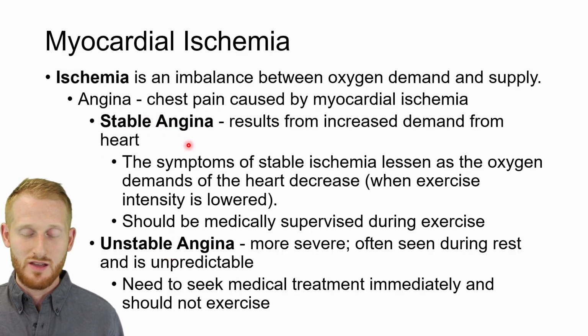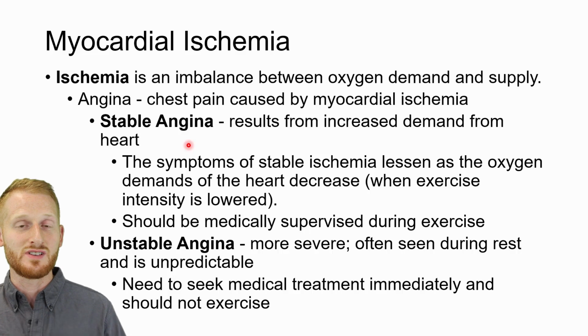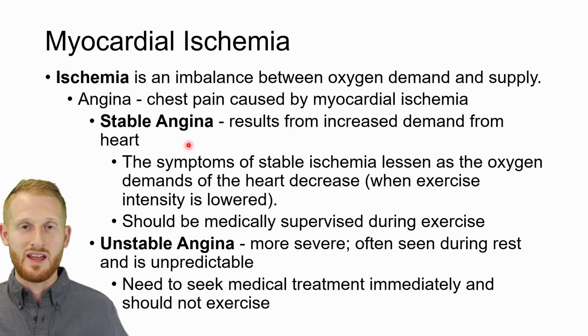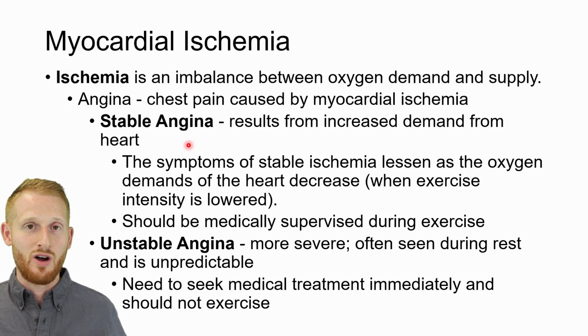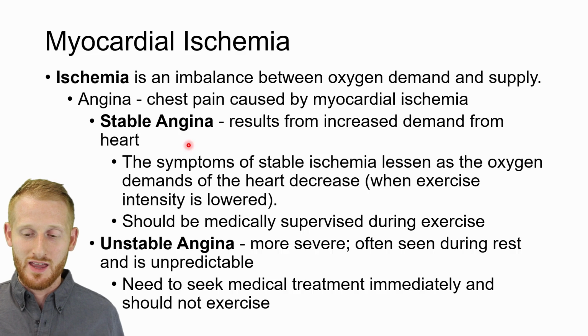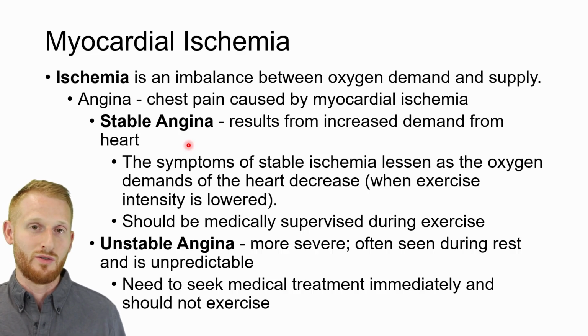Stable angina results from when you have an increased myocardial oxygen demand. So in other words, if I were to get up right now and walk on a treadmill, my heart would work harder, and if my heart's working harder, that means it needs more oxygen, and that's what I mean by an increased myocardial oxygen demand.